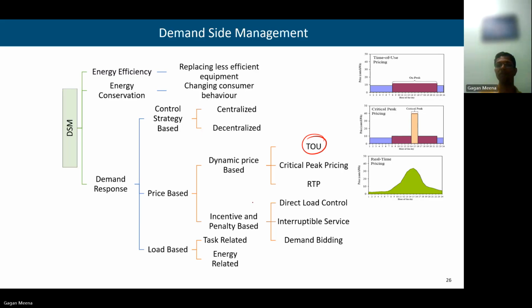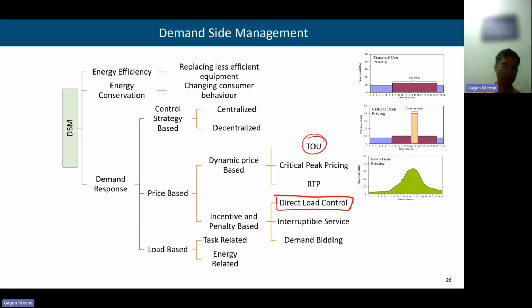Here, the utility and the consumer can have a contract where the utility can have direct control over the different loads which the users have. But for this, we require bi-directional communication infrastructure as well as a control mechanism. That is why this communication infrastructure is very important.